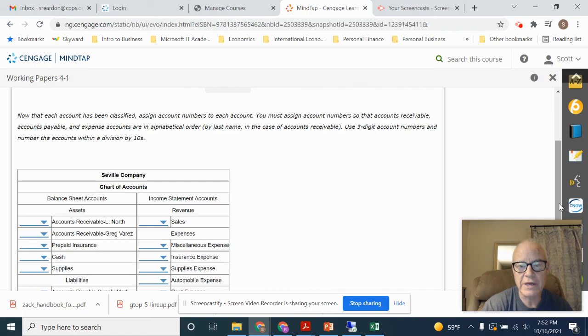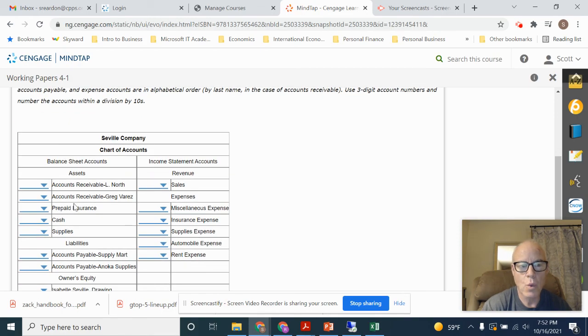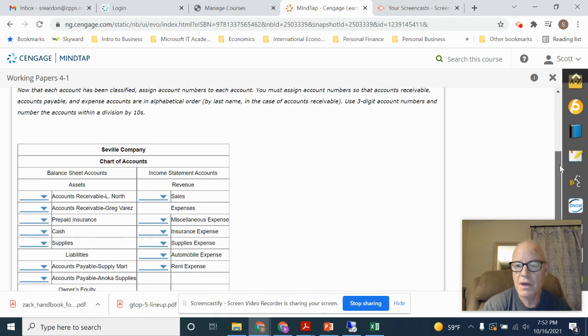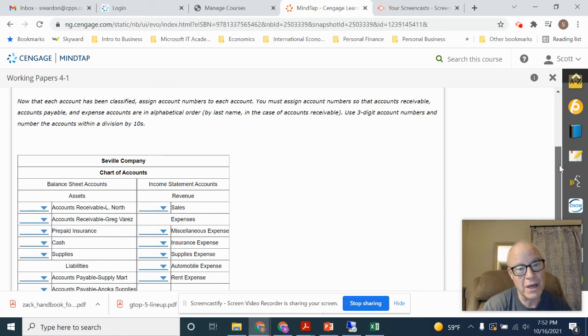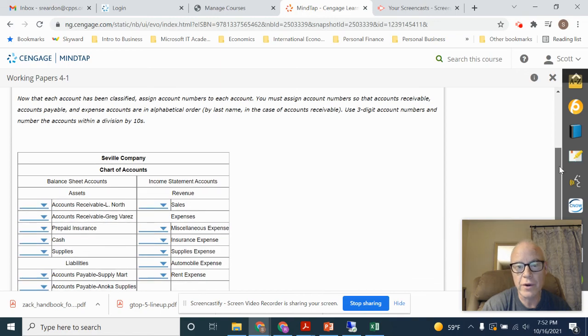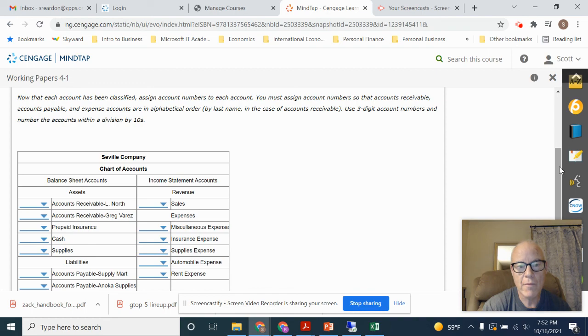You must assign account numbers so that accounts receivable, accounts payable, and expense accounts are in alphabetical order by last name in the case of accounts receivable. Use 3-digit account numbers and number the accounts within a division by tens.